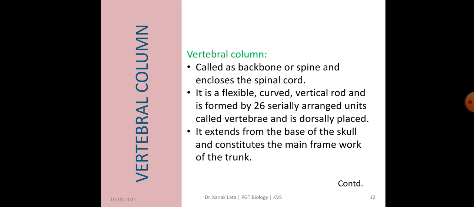So it is altogether 26 only. The vertebrae are held together by ligaments which prevent their dislocation but permit a degree of movement also, making the backbone flexible. Vertebral column extends from the base of the skull and constitutes the main framework of the trunk.